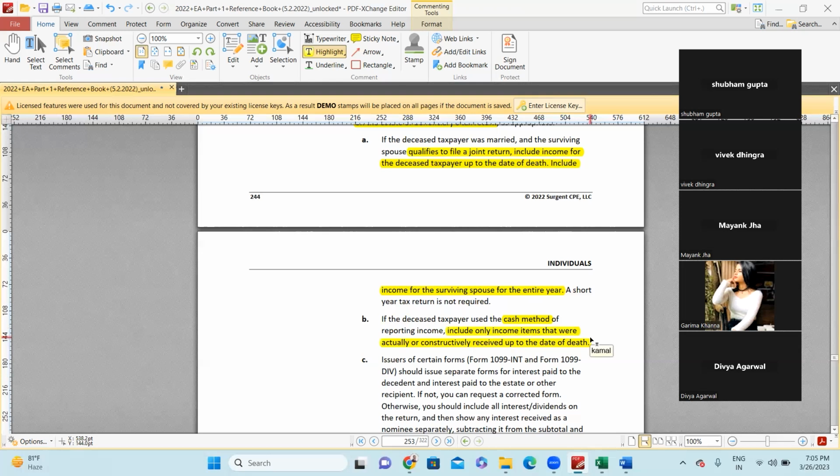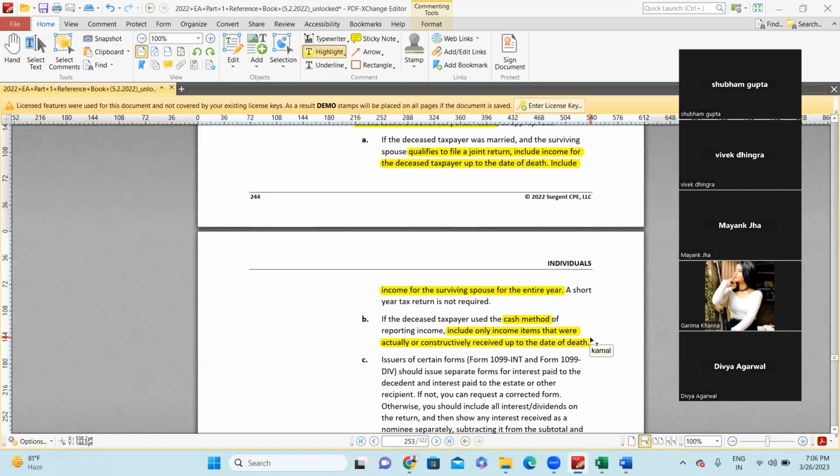For example, Mr. X has given services to, let's assume, ABC Limited for the month of September, but Mr. X has not received the collection till his death. Then that will not be considered in the income of Mr. X. Rather, if the amount is collected in the month of December, then that will go into the income of the descendant. Make sense?